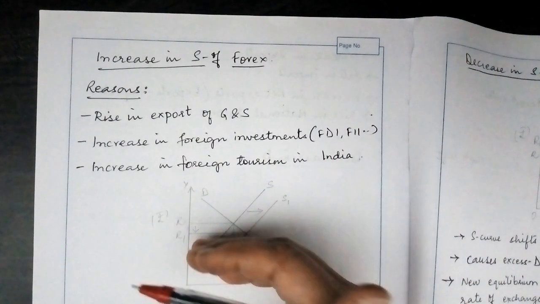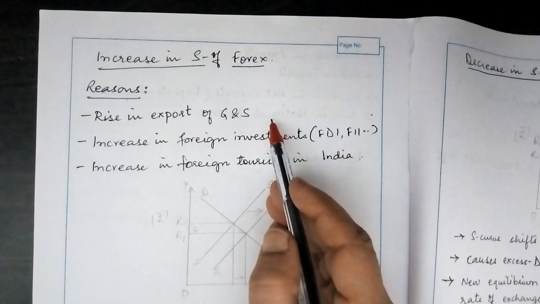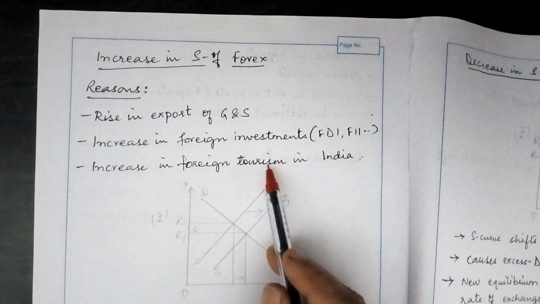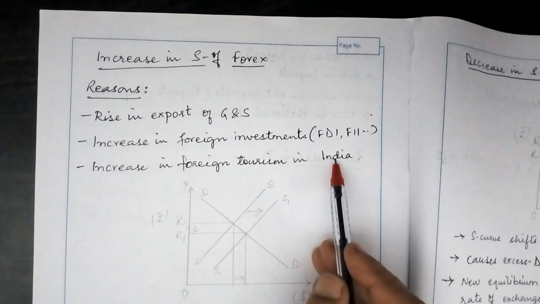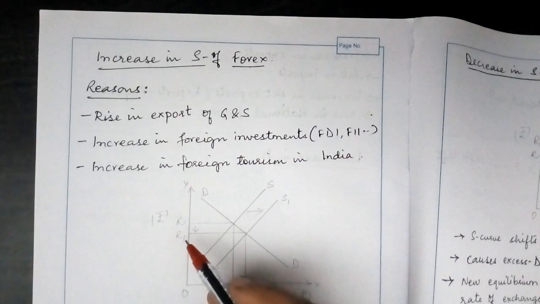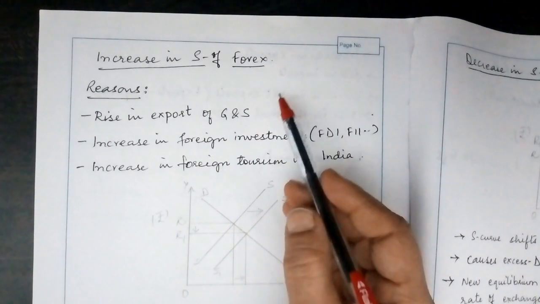So there will be an inflow of foreign currency, which would increase the supply of foreign exchange. There will also be an increase in foreign tourism in India because tourism brings in foreign exchange, or there will be an inflow of foreign exchange. Hence, there will be an increase in supply of foreign exchange.